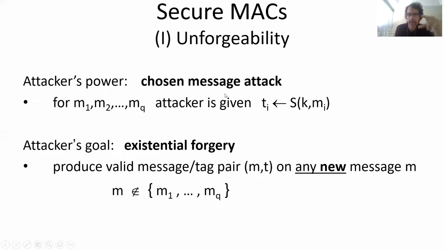So a MAC doesn't try to prevent replay attacks. That has to be protected on some other level, the application level, that keeps some counters or some buckets of hashes of received messages.